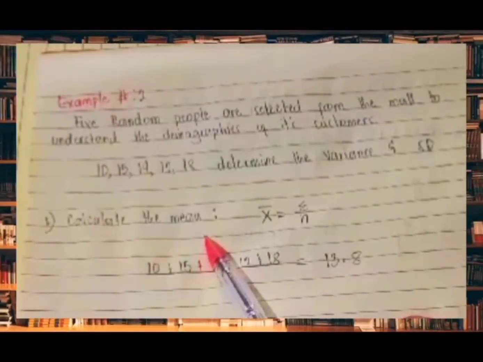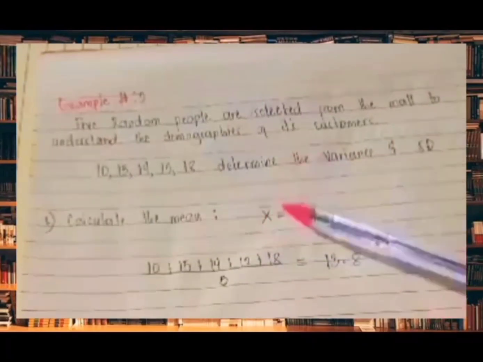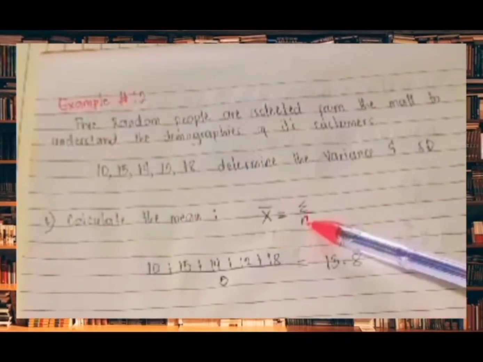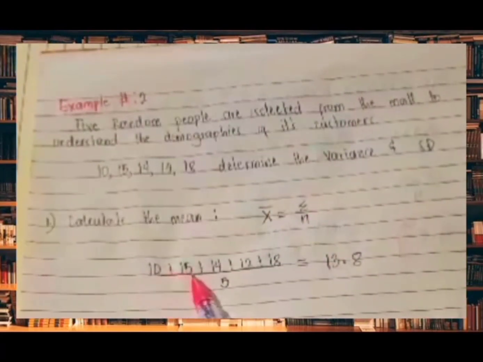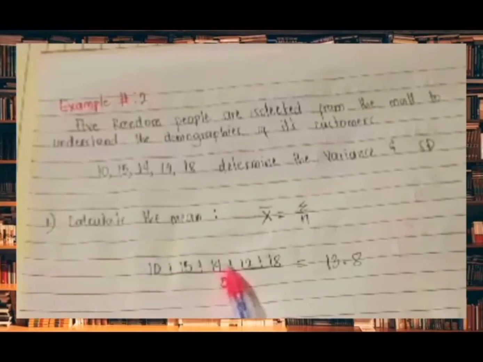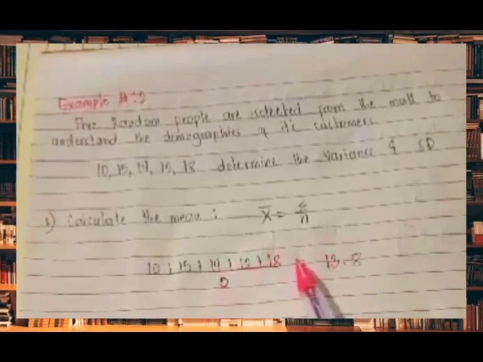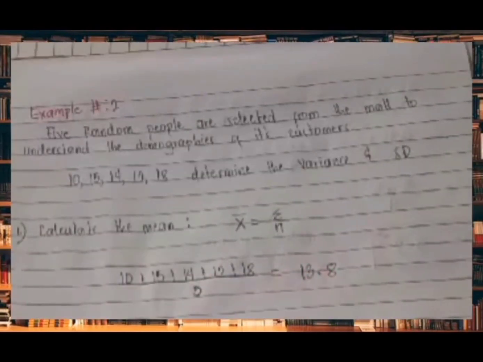The formula is x bar equals the summation divided by the size of all numbers. So, 10 plus 15 plus 14 plus 12 plus 18 divided by 5 equals 13.8. So this is the mean.